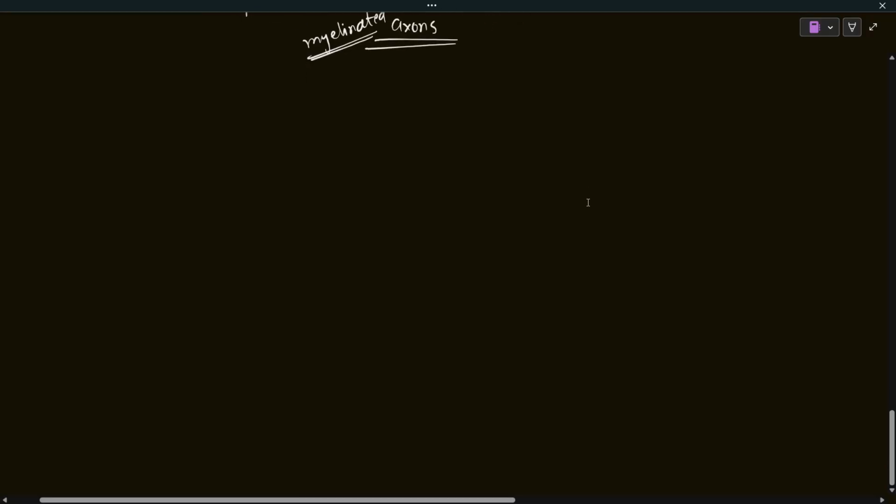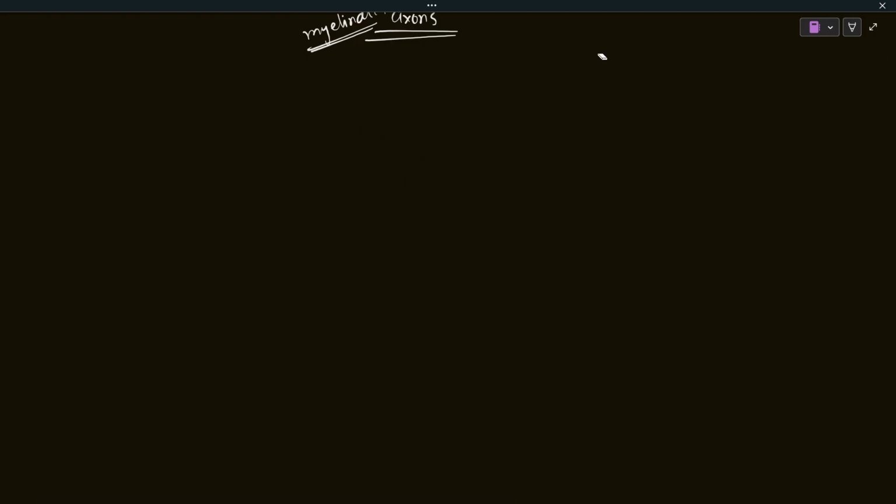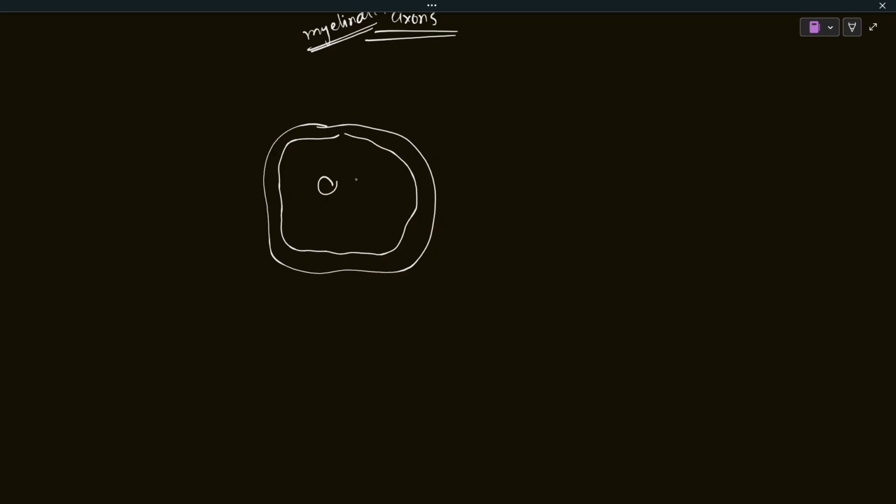Let me just scroll down. So this is a cross section of the brain. In the periphery, there will be a lining of gray matter, and then here and there some patches of gray matter, and the rest of it will be white matter.